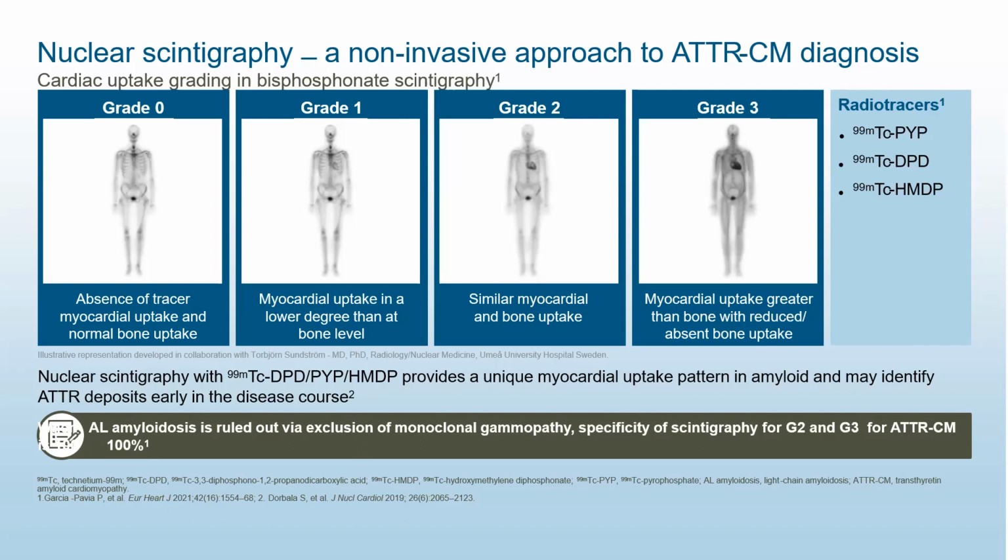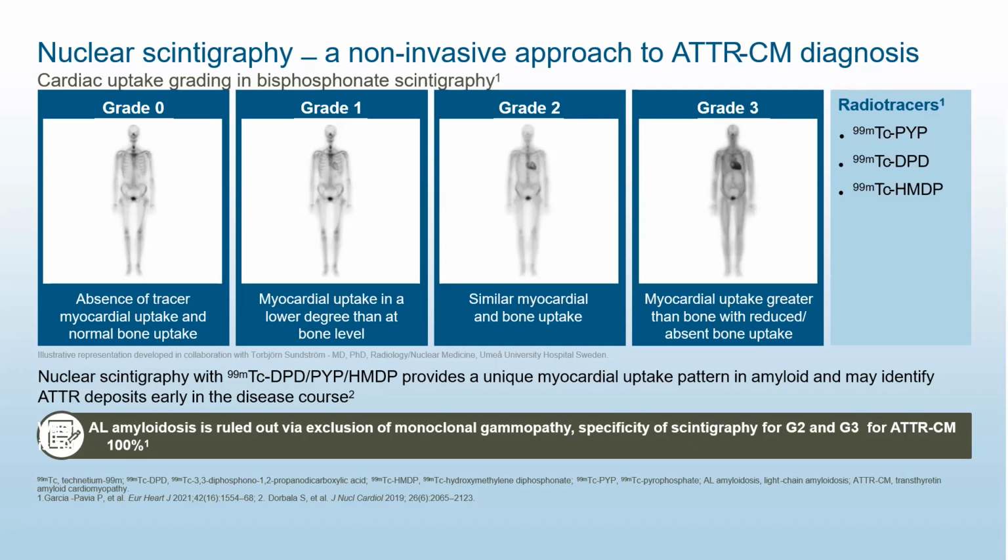So if the heart takes the radio tracer more than the bone or equal to the bone, which we call grade 3 or grade 2, then this patient is definitely a case of cardiac amyloidosis, and you finish the flow chart. If this patient is grade 0 and the radio tracer does not go to the heart, but it goes to the bone, then this patient is not a cardiac amyloidosis.